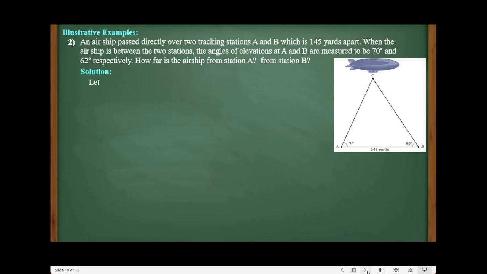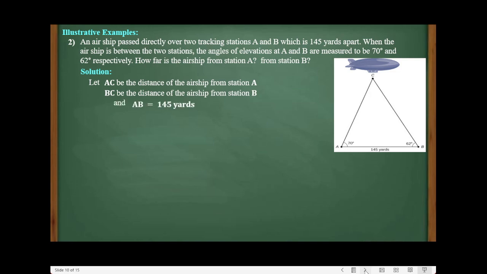So for our solution, let AC be the distance of the airship from station A, and BC be the distance of the airship from station B. And we make use of the formula of the law of sines.